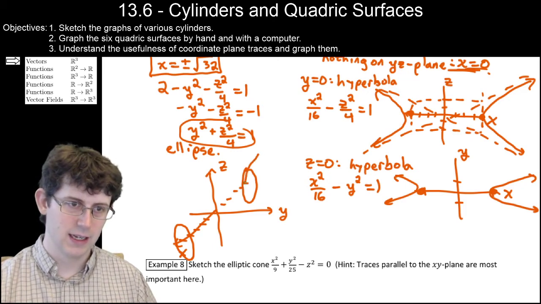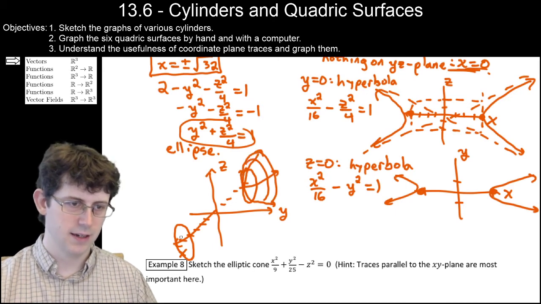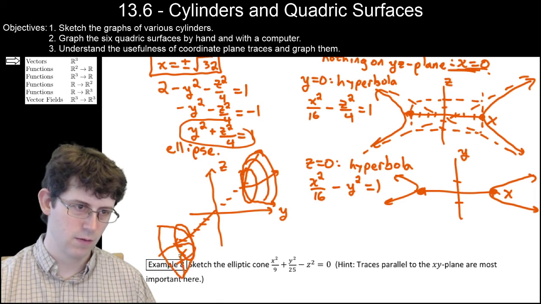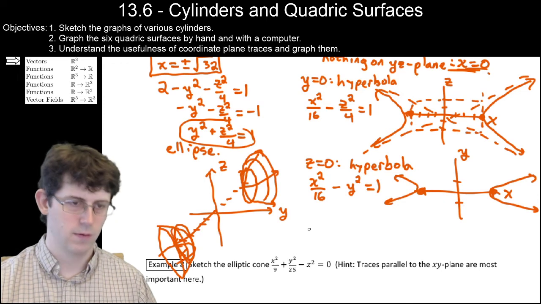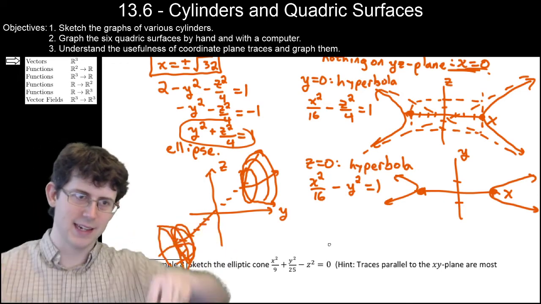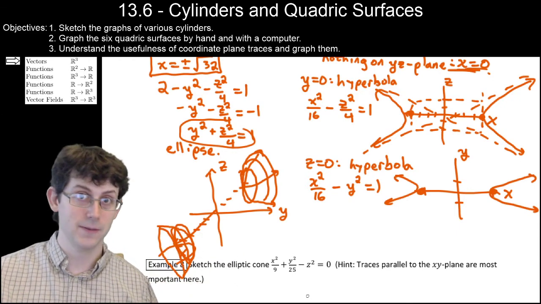So it's little sheets of hyperbolas out there. Can you see that? They're supposed to be like bowls that aren't connected in the middle. And we could tell that there's a big blank space where x equals 0.